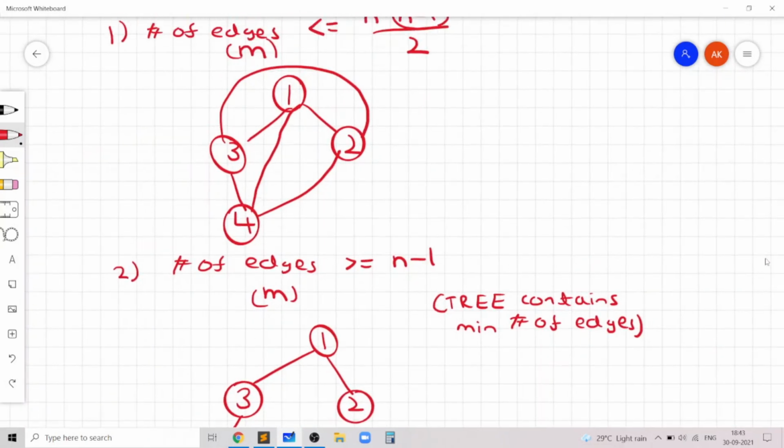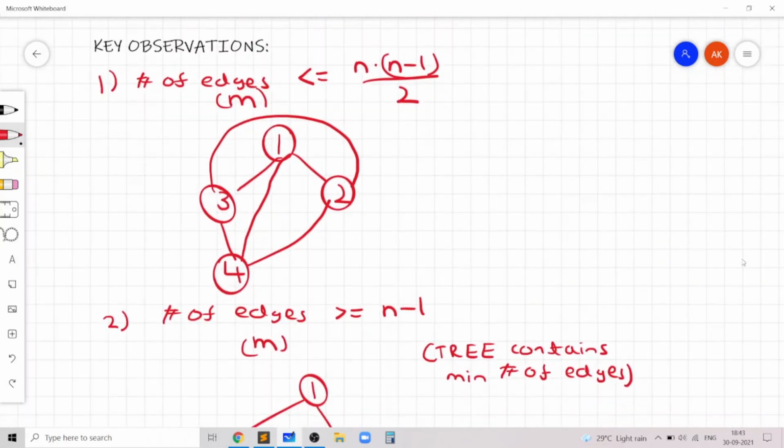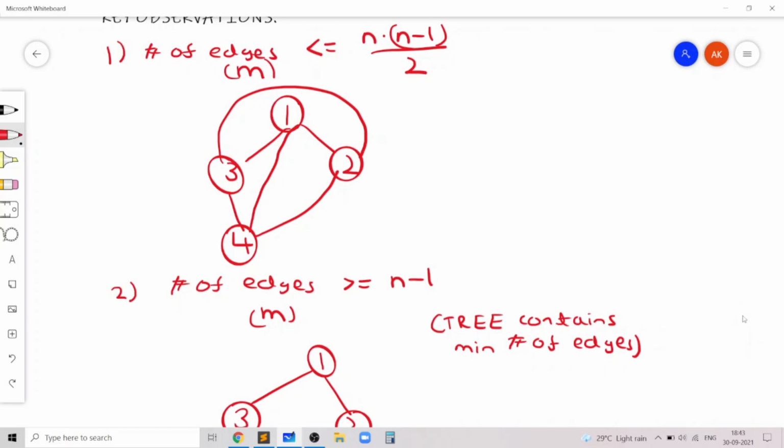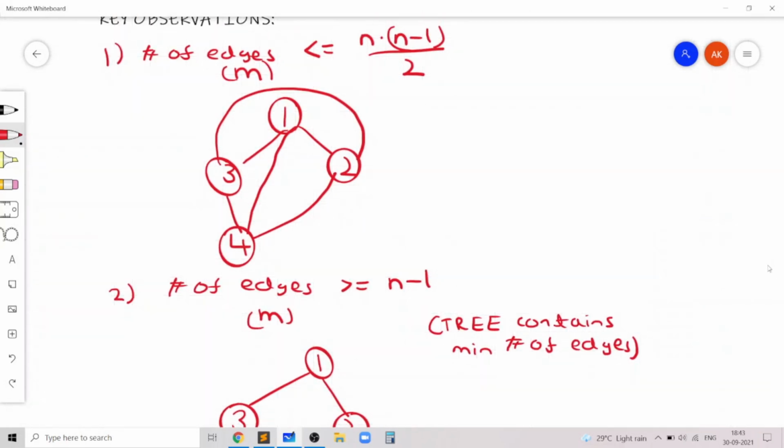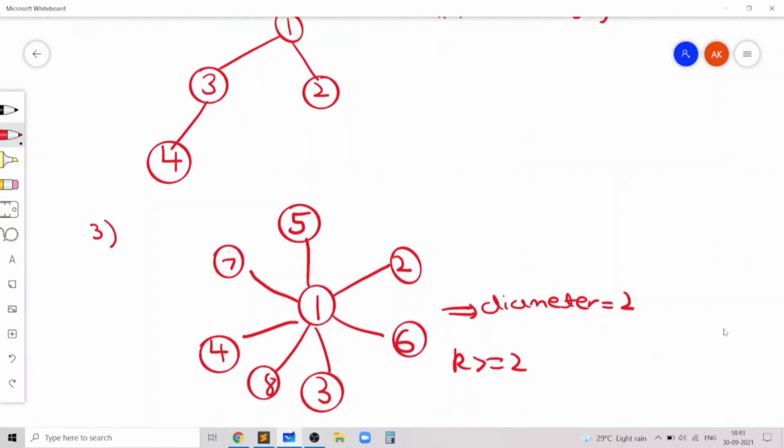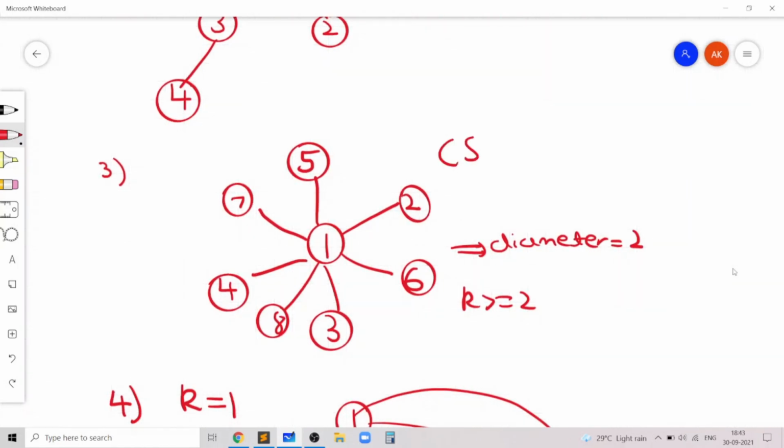And as you could see in this idea, we use the properties of a complete graph and we use the properties of a tree. So those were the first two observations. The third observation used something called a star graph, which is something you might encounter later on. The graph which we constructed is called a star graph because node 1 is like a star and the shape is like a star.